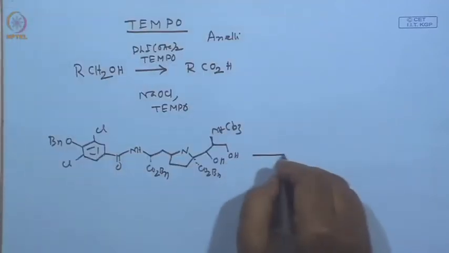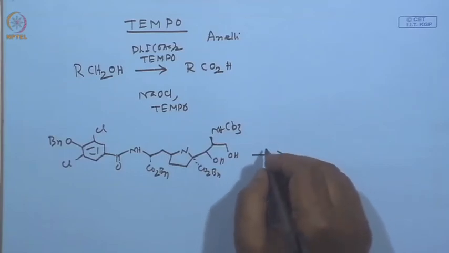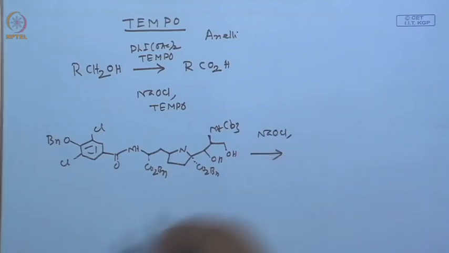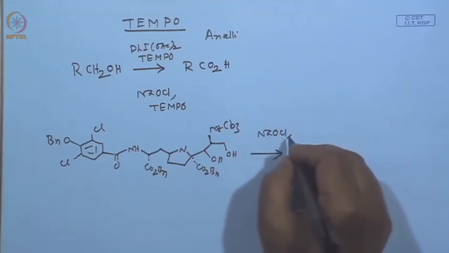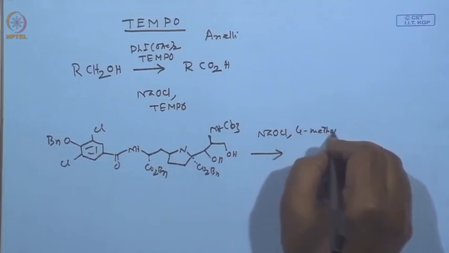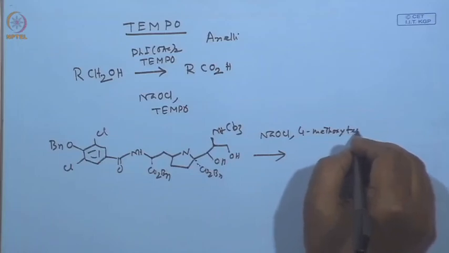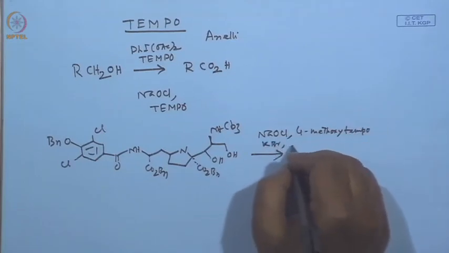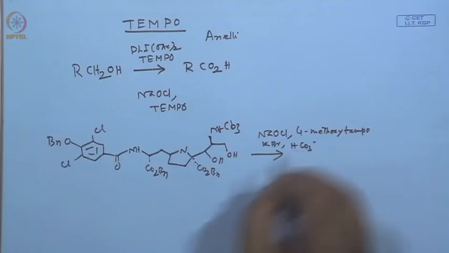Now, in this Anelli oxidation the recipe is like this: sodium hypochlorite, then 4-methoxy TEMPO, that was the original one, then catalytic potassium bromide and sodium bicarbonate.